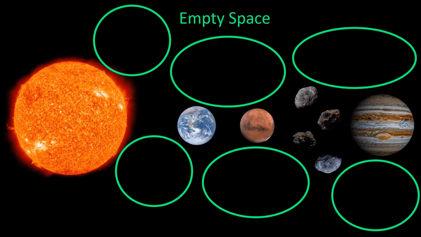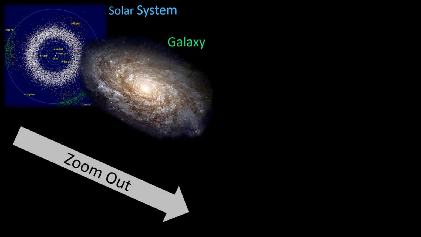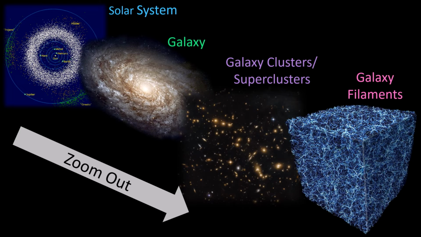But when we say the universe is homogeneous and isotropic, we're talking about the universe on average at the largest scales. If we zoom out from our solar system, we'll see our galaxy, then galaxy clusters and superclusters, and then the web-like galaxy filaments.